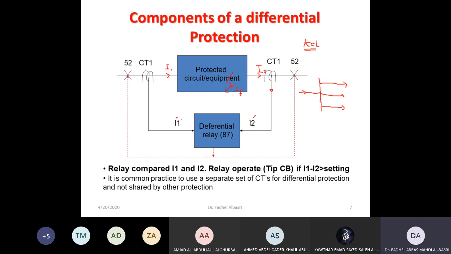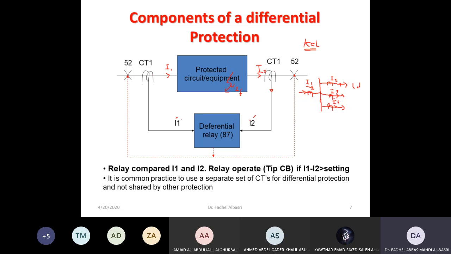If I put a CT here, and a CT in each portion, I'll call these I1, I2, I3, and I4, and these are in this direction in normal operating conditions. This is the load side, and this is the source side.